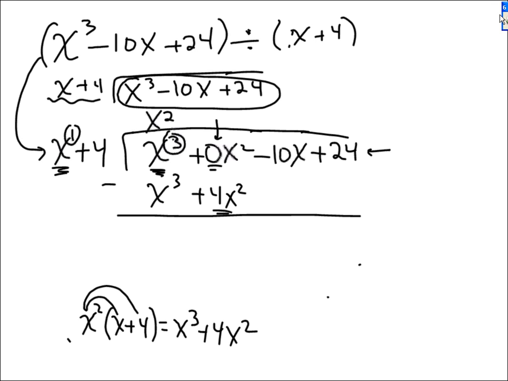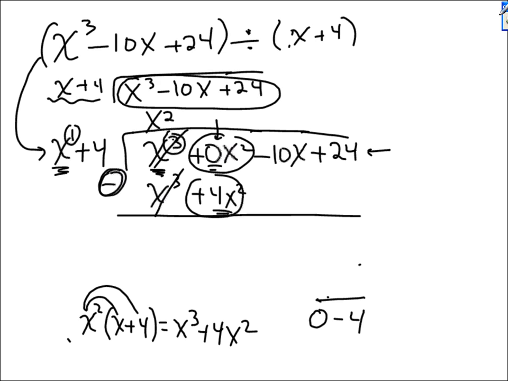Now, the next hard part for students, subtraction. You need to know how to subtract. By design, x cubed minus x cubed cancels out. You have 0x squared, and you are taking away 4x squared. What's 0 minus 4?